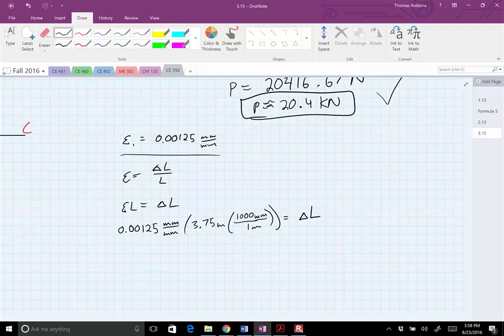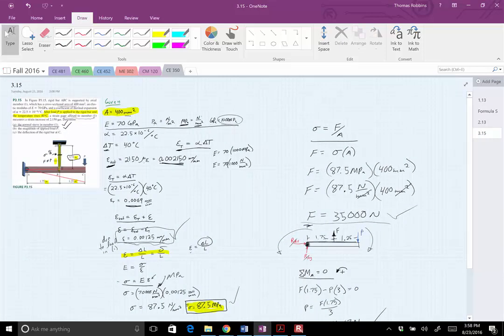I take that back, I was wrong. This is the wrong epsilon. It's not just the strain due to the loading in member 1, it's the entire strain, which is going to be both due to the thermal expansion and due to the loading.